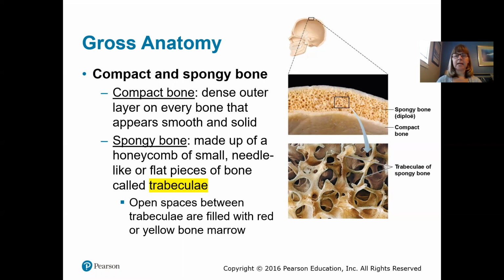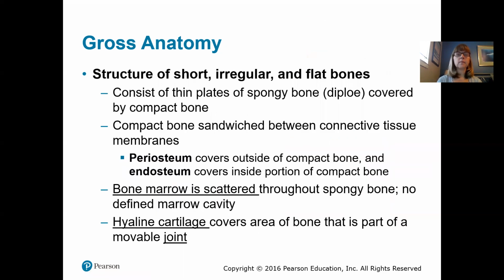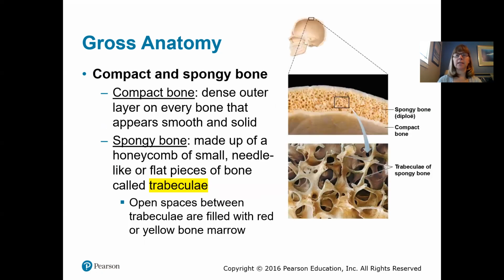But it's basically this open space here that's going to be filled with bone marrow. So both the yellow and red bone marrow fill up this spongy bone. It's a network that allows the bone marrow to filter through. When we look at short, irregular, and flat bones, they have that outer layer of compact bone and the spongy bone in between, just like we saw here.